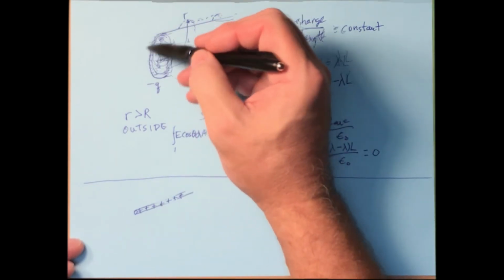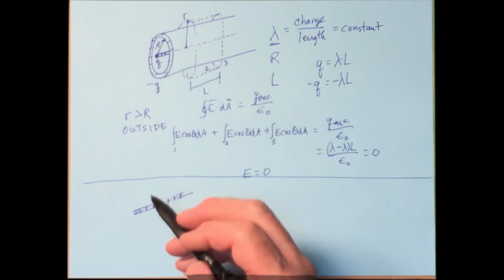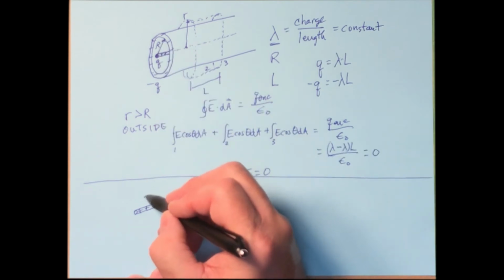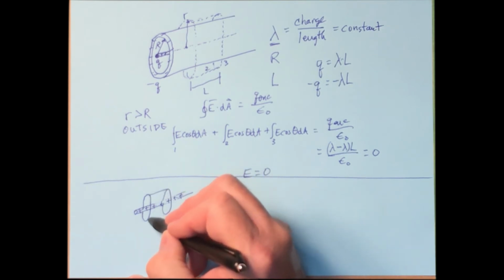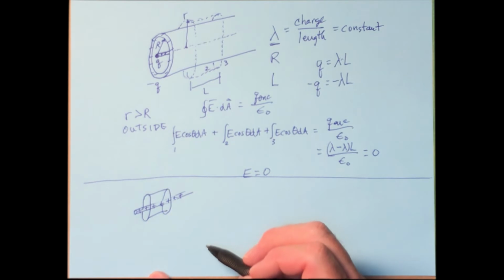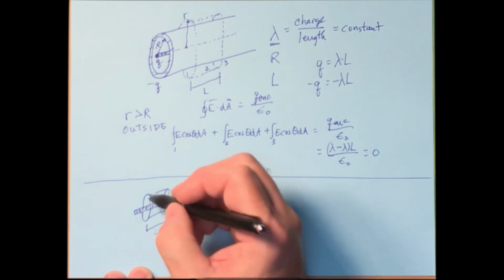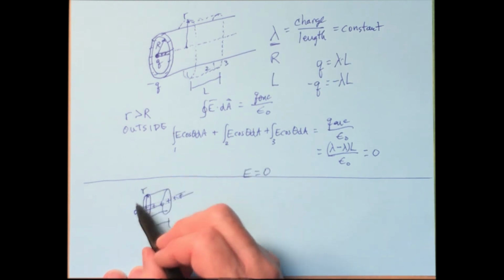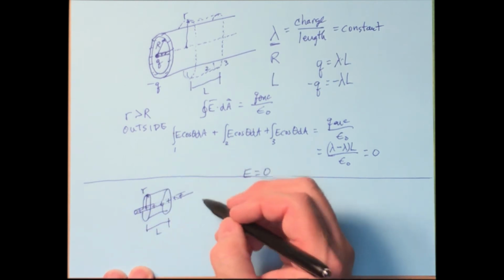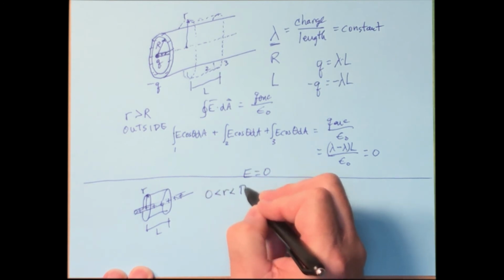The outside we don't have to worry about now because we're going to draw a Gaussian surface that's on the inside here, and it's a cylinder. It looks something like that. We could define its length L, and we could say that it has a variable radius R, but that R now is going to range between 0 and big R.